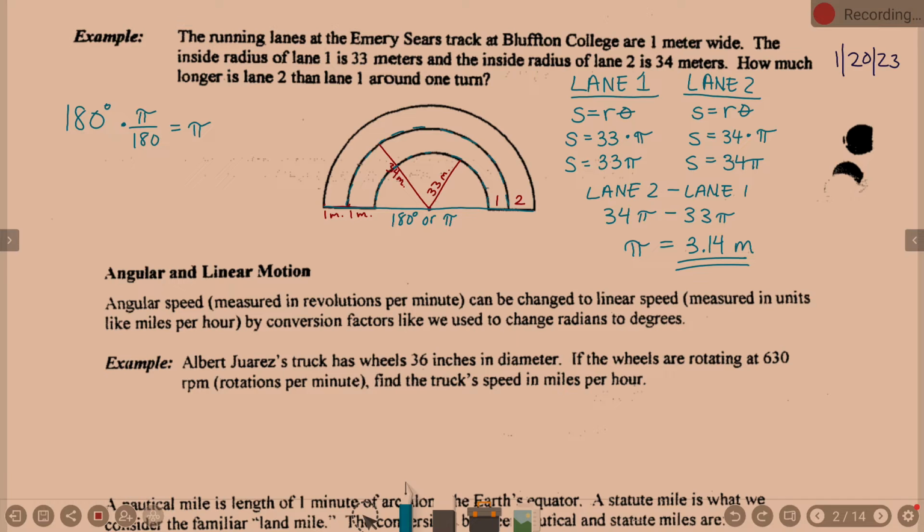Because do I want you to leave your answer as pi? No, you don't answer how much longer is lane 2 than lane 1 as pi. That's not what we say here, okay? You would want an actual distance. So another application of your arc length formula, okay? We'll use that randomly throughout the chapter and whatnot. More right now, but it will still pop up.